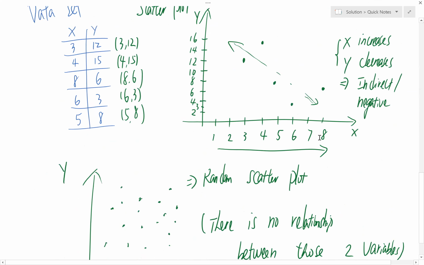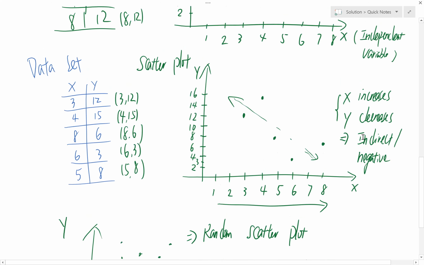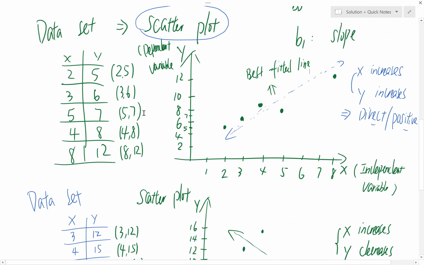If you look at the second graph, actually they are further away. All those points are slightly further away. So this tells us the first data set has a stronger relationship, meaning a stronger correlation between those two variables.